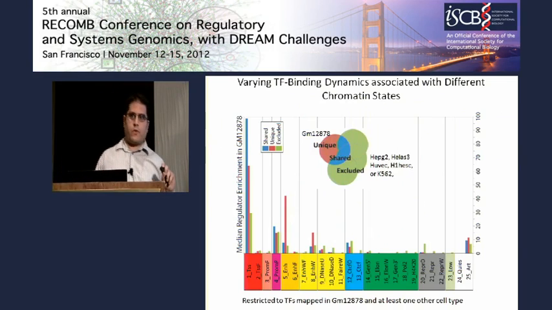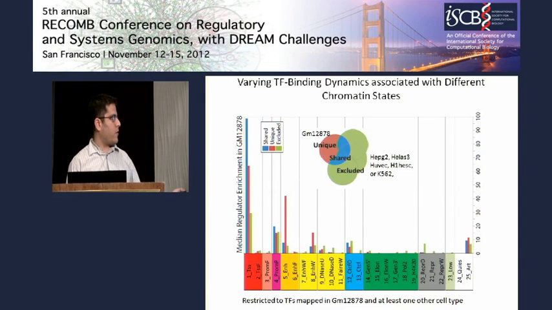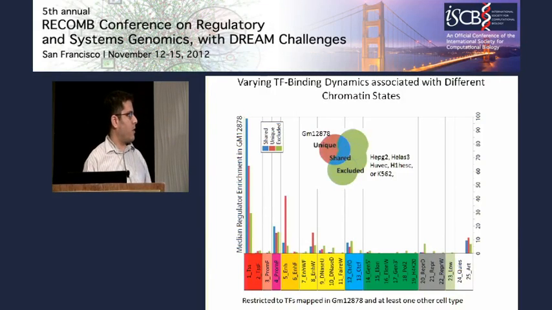So that was all still considering one regulator across multiple cell types. In a number of cases, the same regulator was mapped consistently in multiple cell types. So we asked the question, how do the binding states differ for a regulator which is mapped in multiple cell types, if we divided the locations bound into places which were uniquely bound?